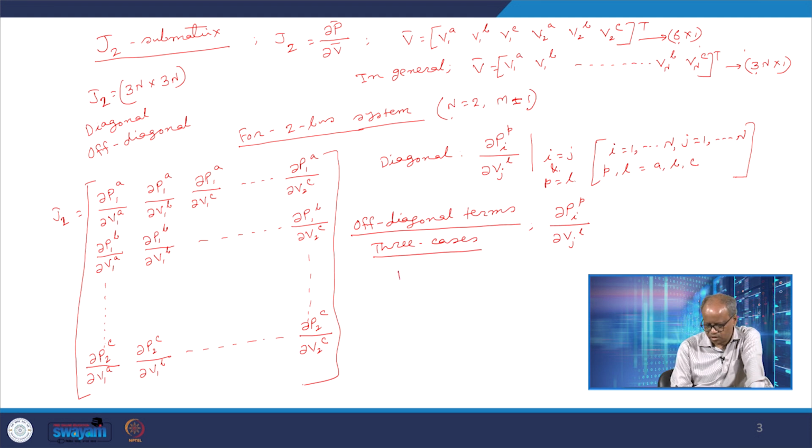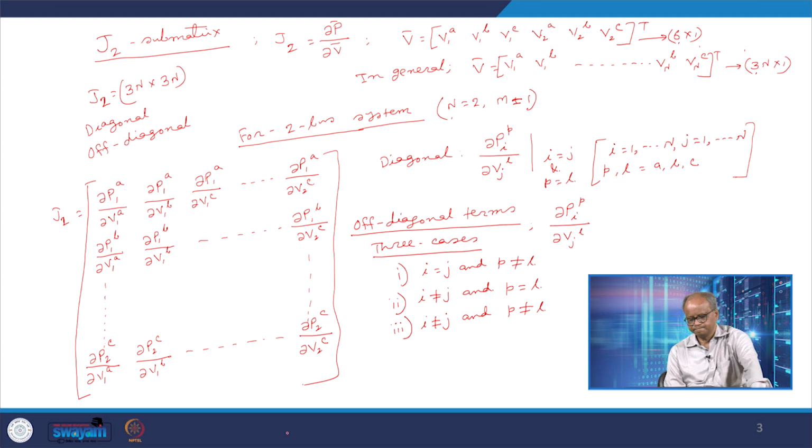Case 1: I is equal to j and p is not equal to L. Case 2: I is not equal to j and p is equal to L. And case 3: I is not equal to j and p is not equal to L. Right, so only these 3 cases are possible for the off diagonal terms.